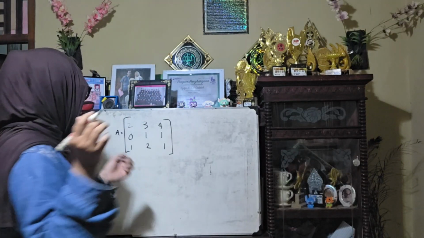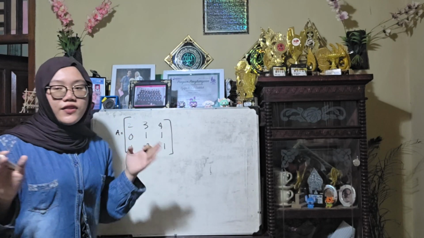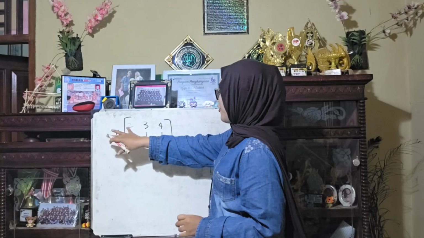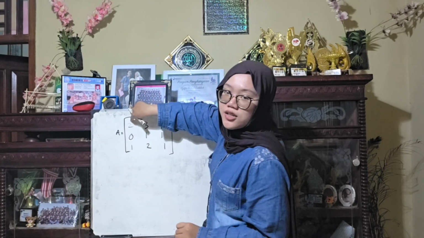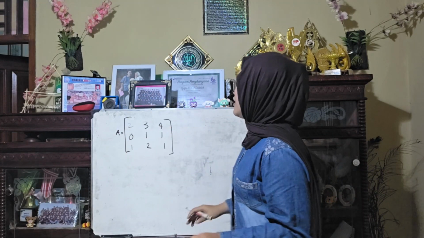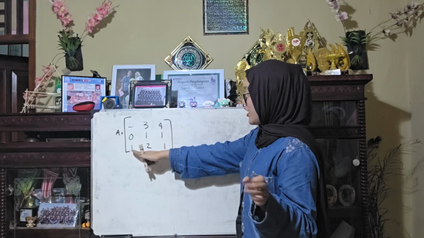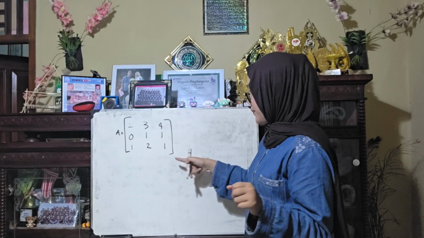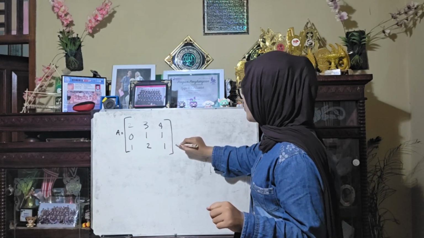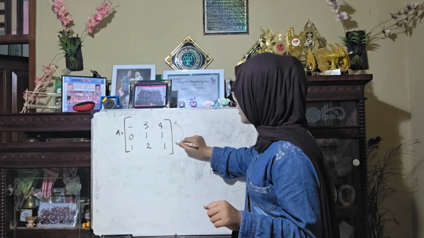First off, we need to find the pivot. What is a pivot? A pivot is when we have 1 in our top corner. Let's take a look. We have 1 in row 3. We are going to swap these 2 rows.